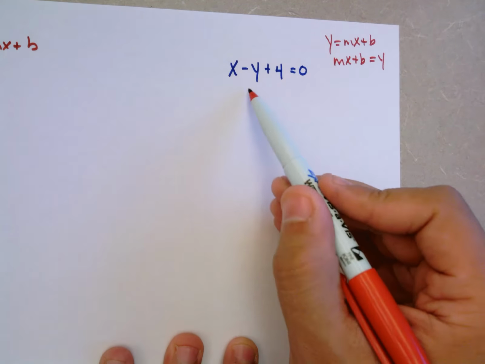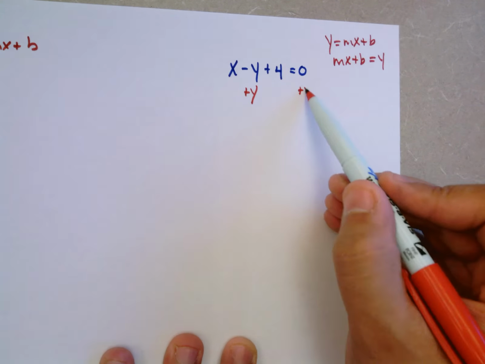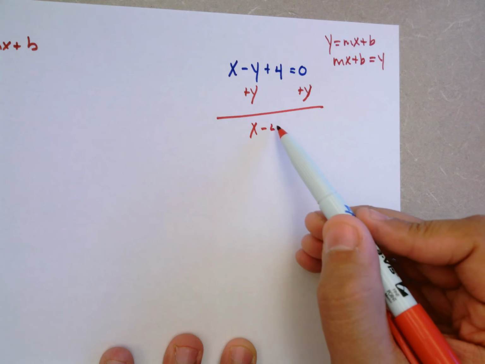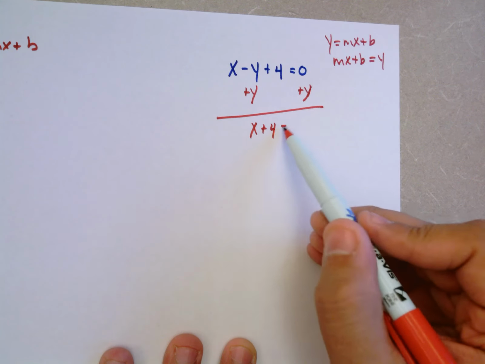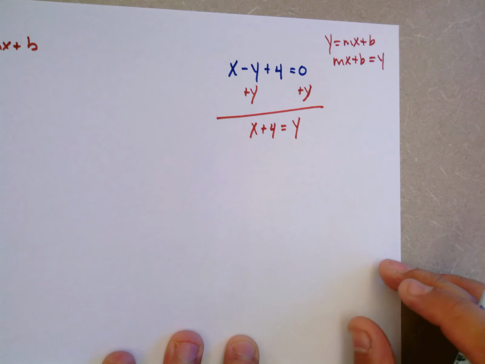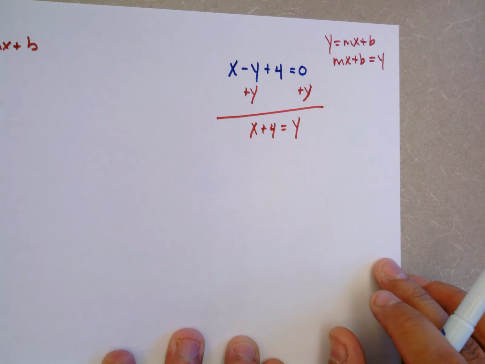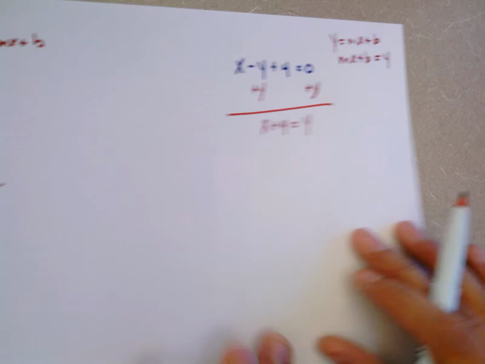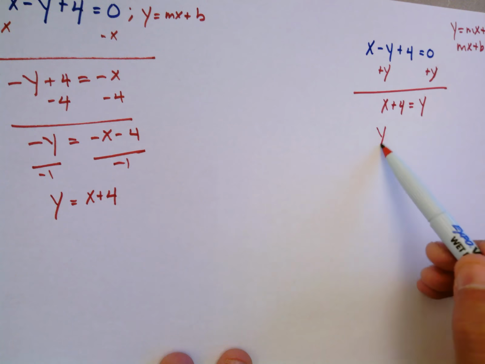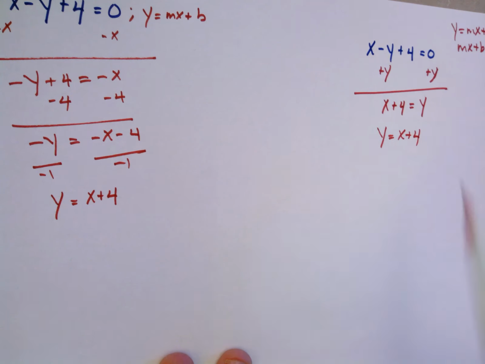So what I can do is just add y to both sides. And now I'm left with x plus 4 equals y. It's sort of a little hidden or disguised y equals mx plus b. This x plus 4 equals y is still the same as y equals x plus 4.